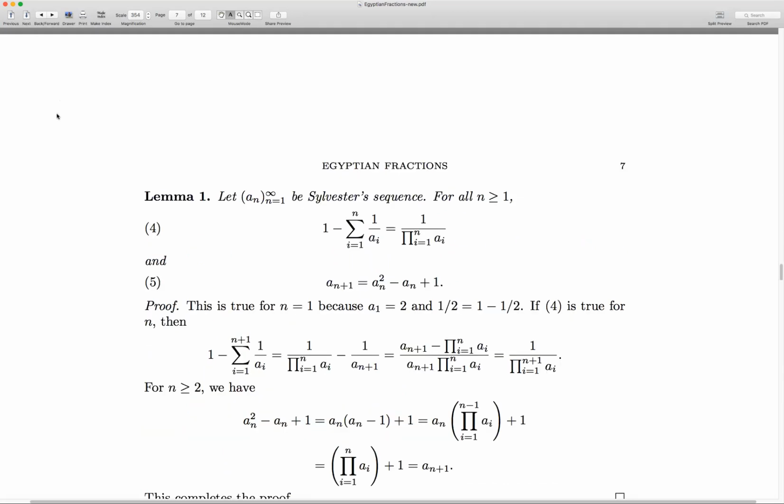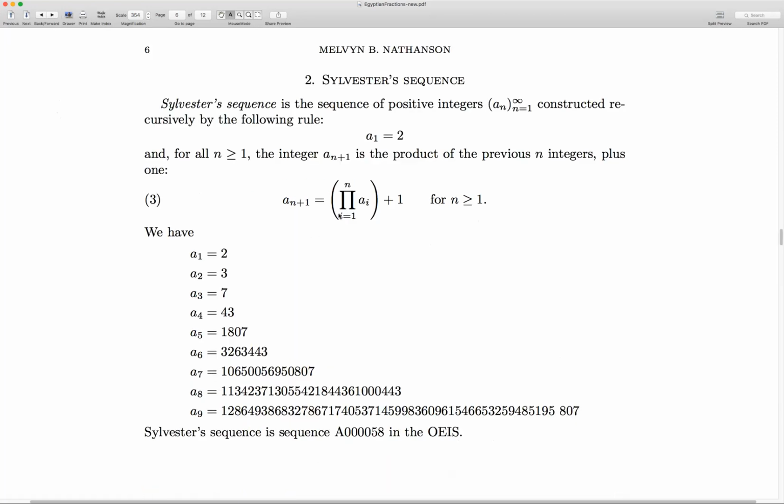That's the sequence. And it has a lot of very beautiful arithmetical properties. If you take the sum of the reciprocals of the first n Sylvester numbers. By the way, let me just go back for 1 second. If you look at this recursion, this is exactly Euclid's proof that there are infinitely many primes.